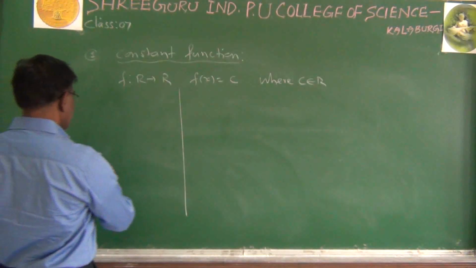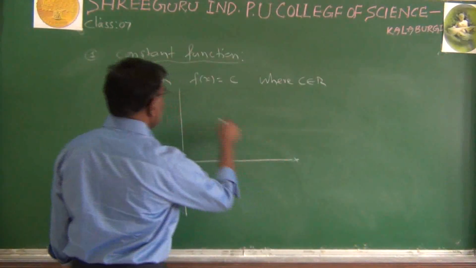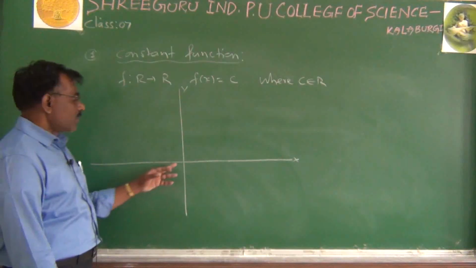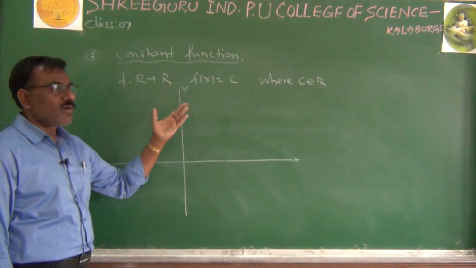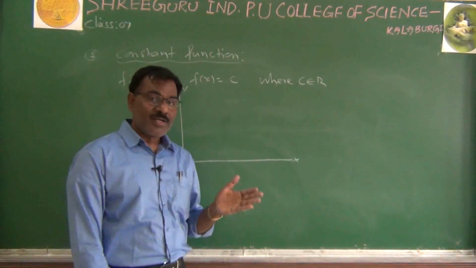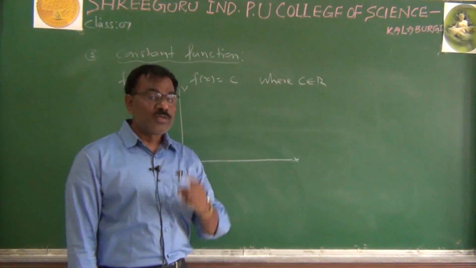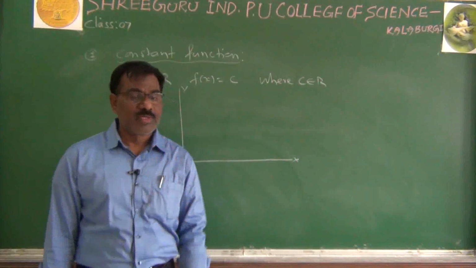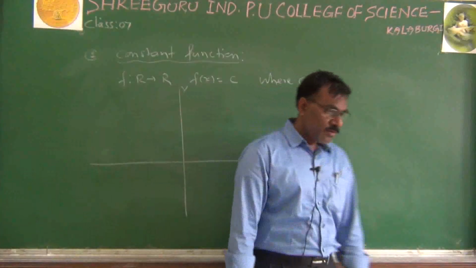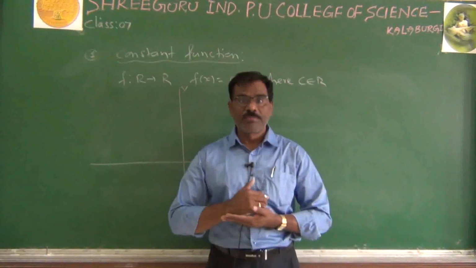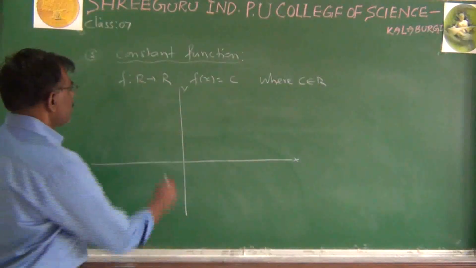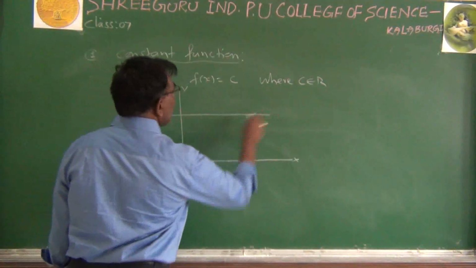You take the x-axis and y-axis. This is f of x is c. The line is parallel to the x-axis. You remember, my dear students, when it is a constant function, the line should be parallel to the x-axis.